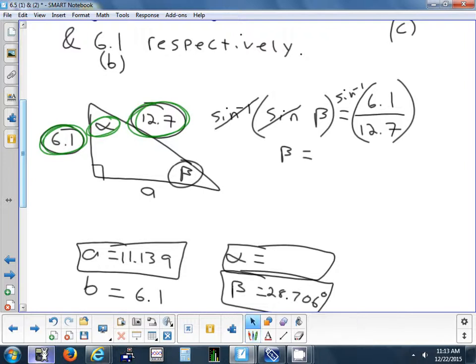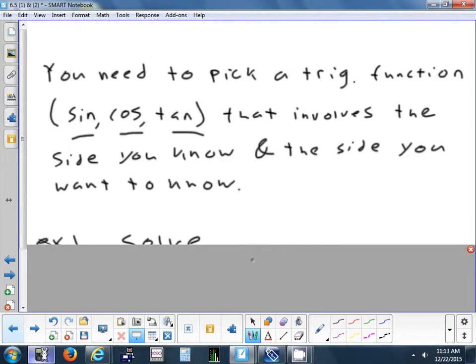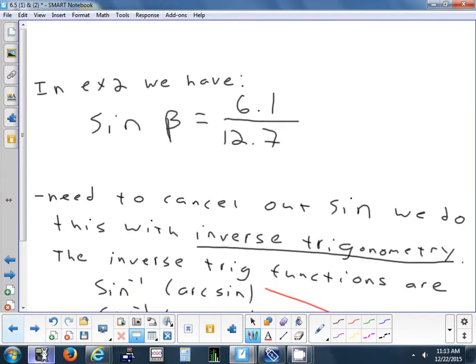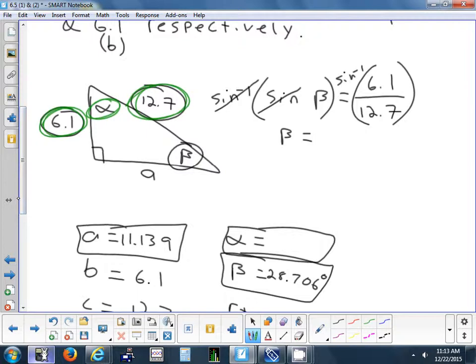Which trig function would I use this time? Cosine? Yeah, I know the adjacent, I know the hypotenuse. So out of these three, pick the one that's going to have adjacent and hypotenuse. So I'm going to write cosine, and can you finish it, Brian? Cosine of alpha equals 6.1 divided by 12.7.